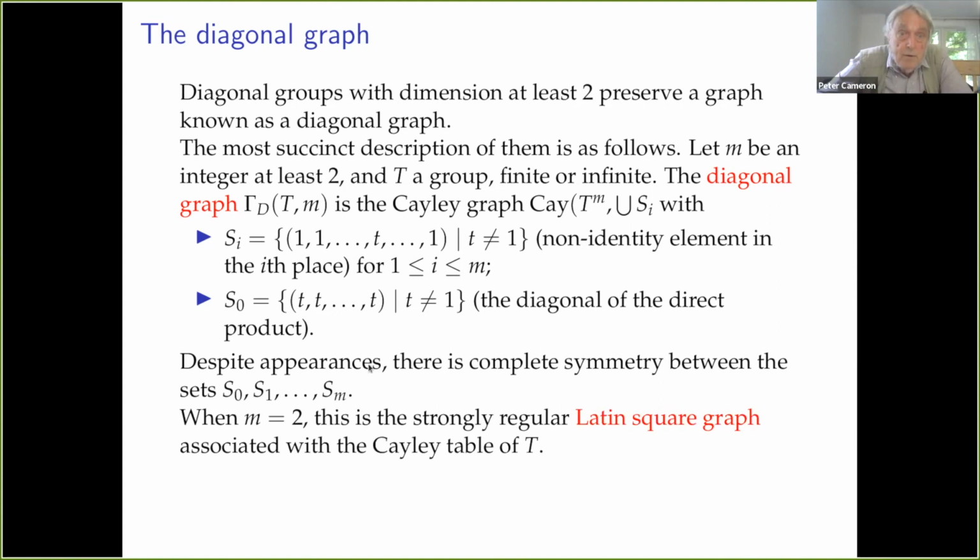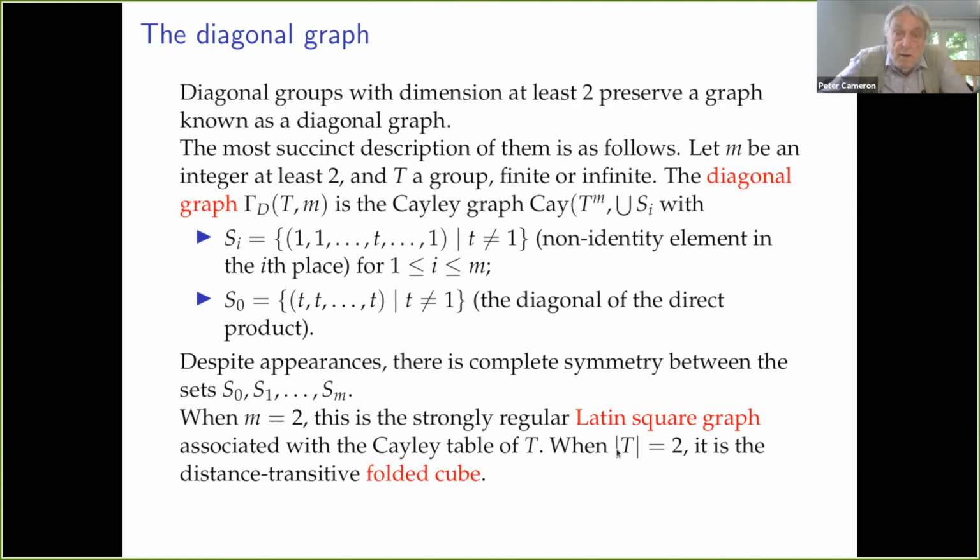Now, two cases, these are familiar graphs that have been looked at before. If m is equal to 2, basically you take the Cayley table of the group T, that's a Latin square, and from any Latin square you can build a strongly regular graph. The vertices are the cells. You join two vertices if they're in the same row, same column, or they have the same entry, and that's the Latin square graph of a Cayley table.